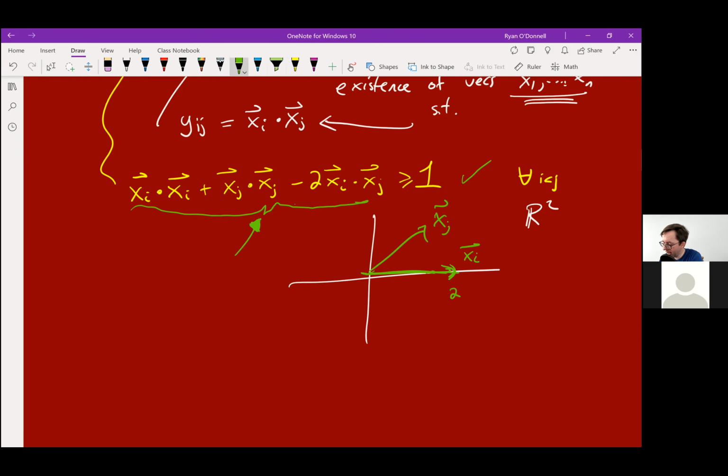It's kind of like the sum of their squared magnitudes minus 2 times the angle between them, ish.